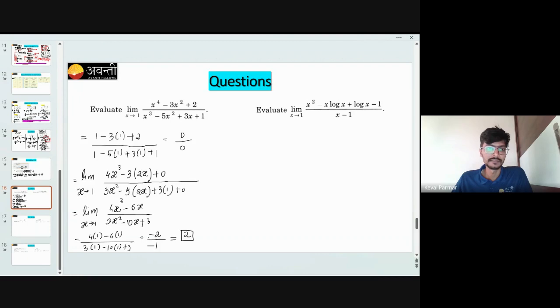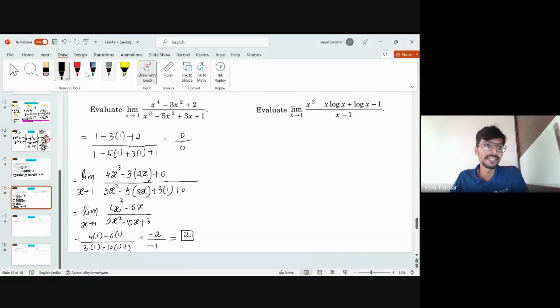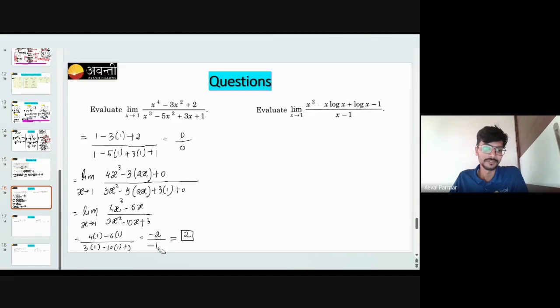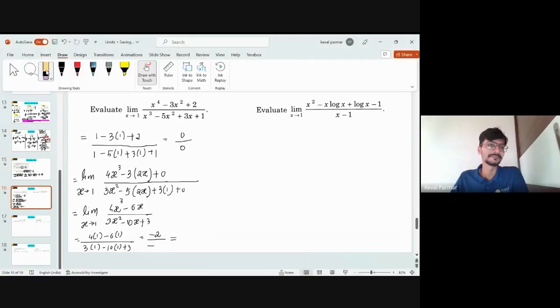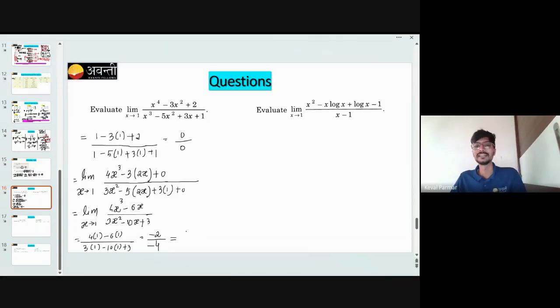So 4 minus 6 is minus 2. 3 plus 3 is 9 minus. It is 2, not 1 by 2. See, I don't think I did a mistake. Oh, right. Denominator is minus 4. Very good. How did I write minus 1? Right, right. Okay. So denominator is minus 4. 6 minus 4 is 10. So I will get 1 upon 2. Yeah. Thank you. Silly mistake.